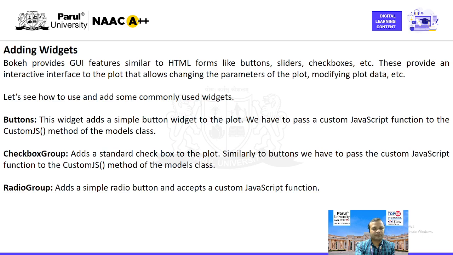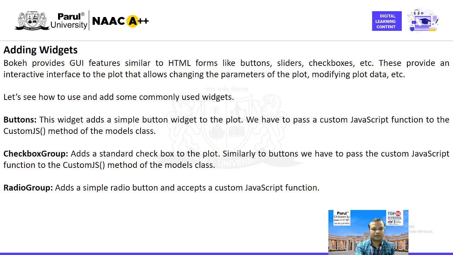The first ones are button, checkbox group, and radio group. So what is a button? This one adds a simple button widget to the plot. We have to pass a custom JavaScript function to the CustomJS method of the models class.